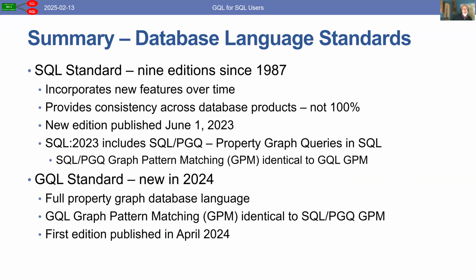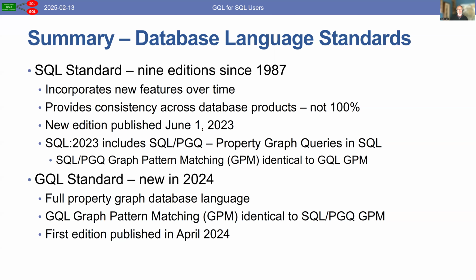So in the SQL standard, we've had nine editions since 1987. So we've incorporated new features over time. It provides consistency across databases. It's not 100% consistency, but it's not bad. It's better for you developers moving between implementations than it is for moving code. We published a new edition in June of 2023 that includes SQL PGQ.